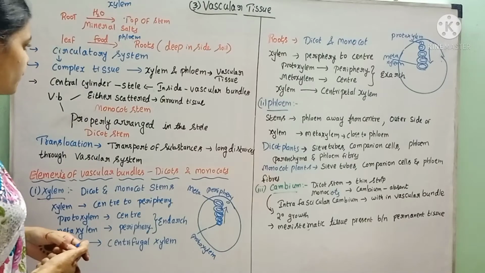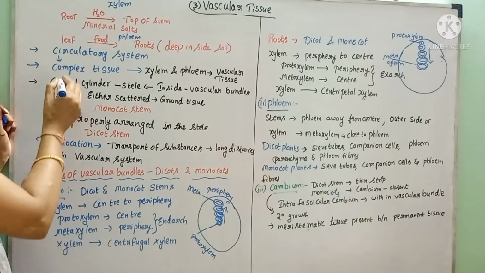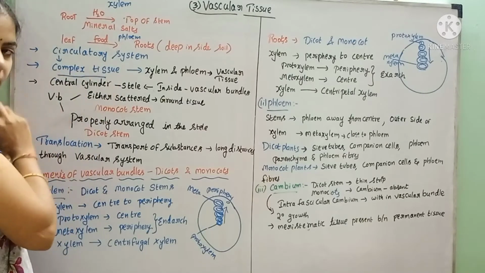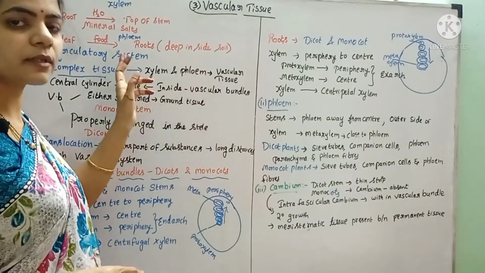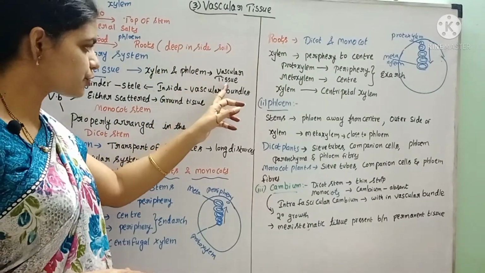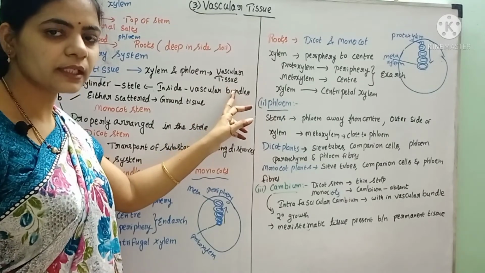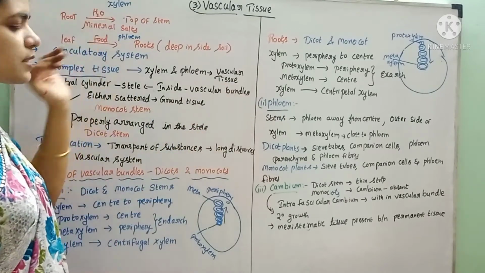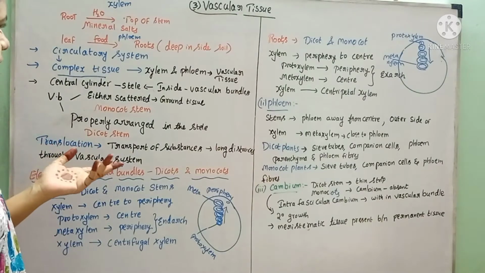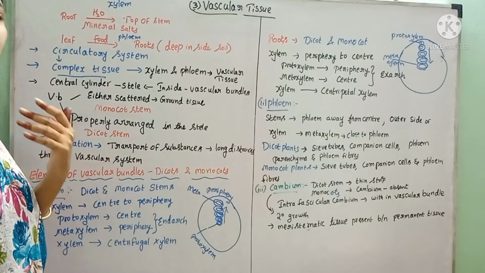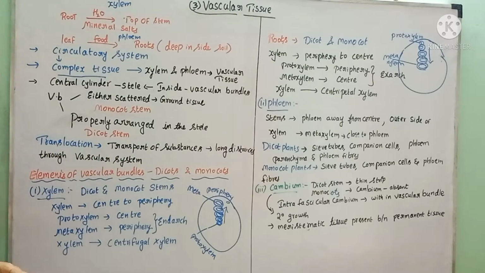To carry out this function, the plants have a complex tissue, right? This complex tissue constitutes xylem and phloem. The xylem and phloem together form the vascular tissue, which helps in the conduction of these substances, that is, the translocation of water and mineral salts from the roots to the stem and from the leaves to the various parts of the plants.